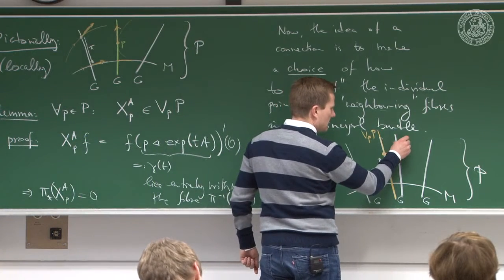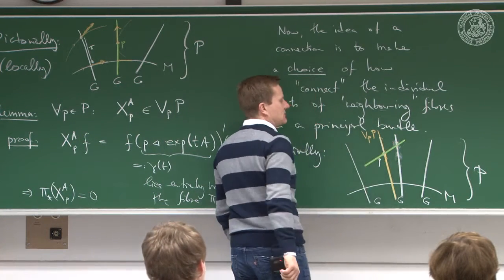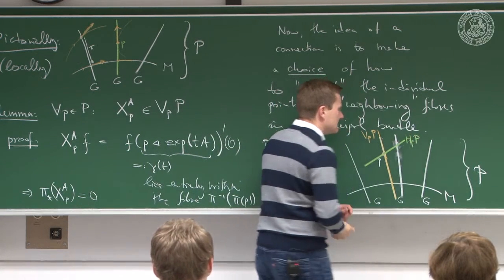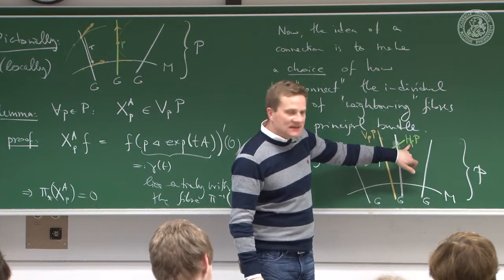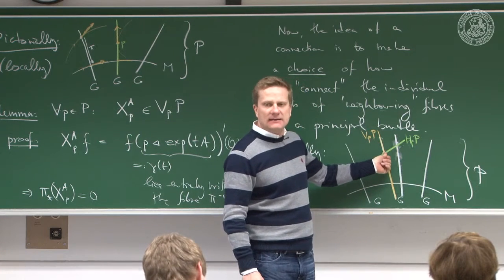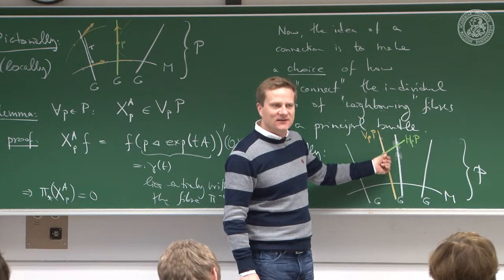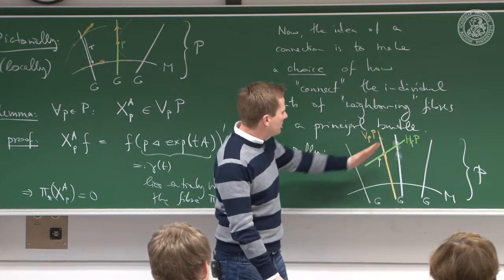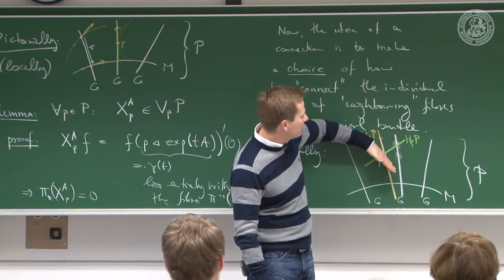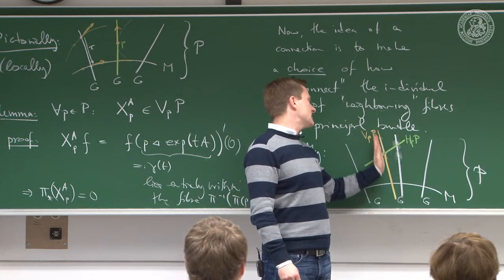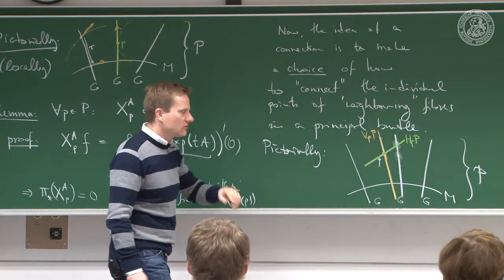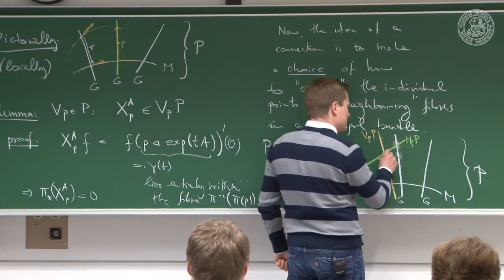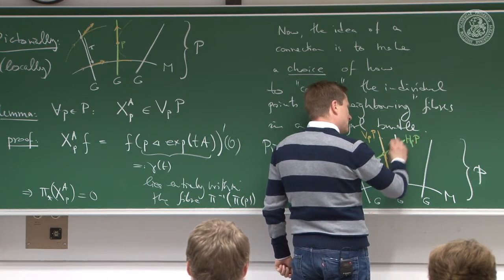I make a choice of another subspace, and this is a 1+1 dimensional picture, but this is supposed to be another subspace H_p P such that V_p P and H_p P as a direct sum span the entire tangent space at this point. Okay, so I choose a complementary subspace here, H_p P, and of course I could have chosen a different one and a different one. The only one I cannot choose is the one that intersects this V_p P, so that it's not a complementary subspace.